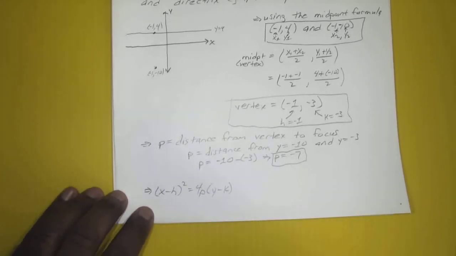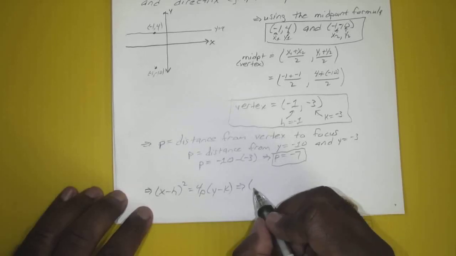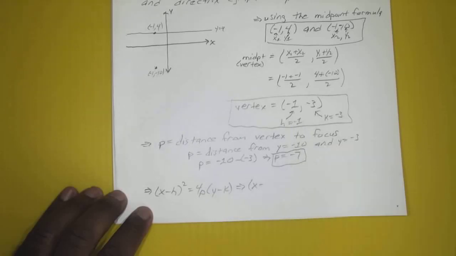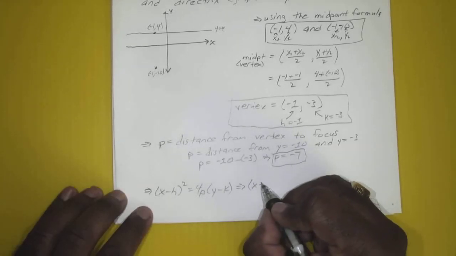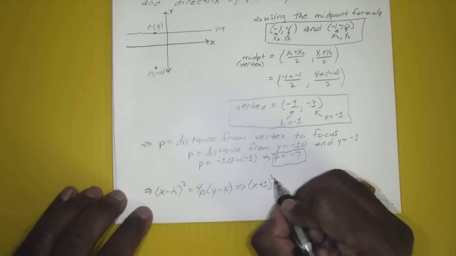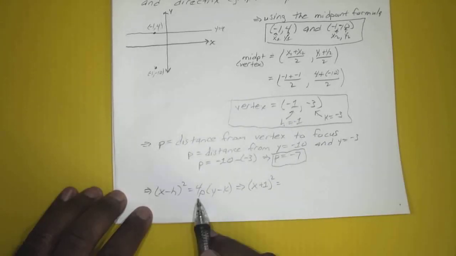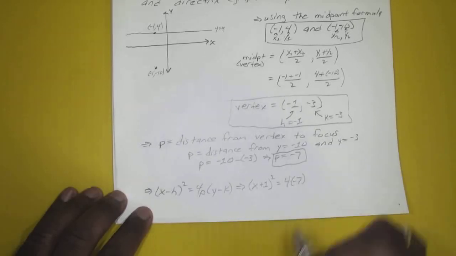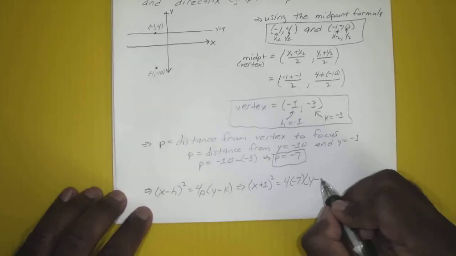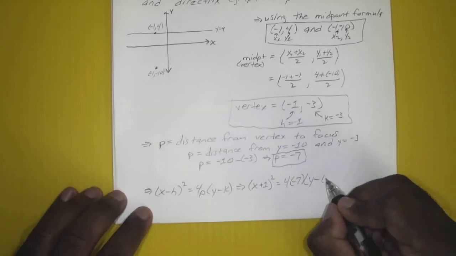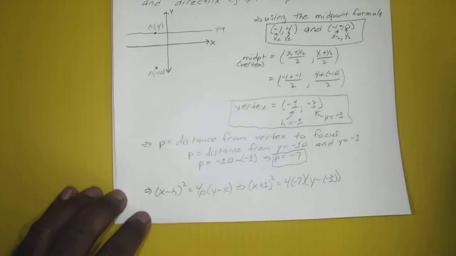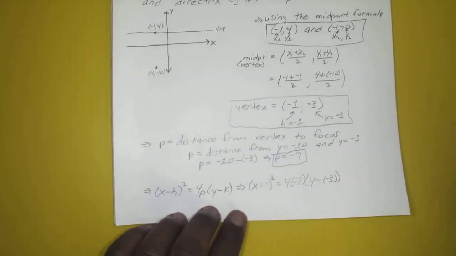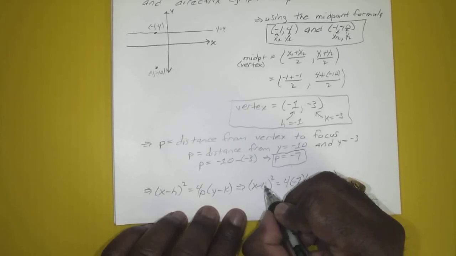If we plug in everything, that's going to give us x minus, our h is negative 1, so that's going to be minus negative 1, squared equals 4 times p, or 4 times negative 7, times y minus k, which is minus negative 3.